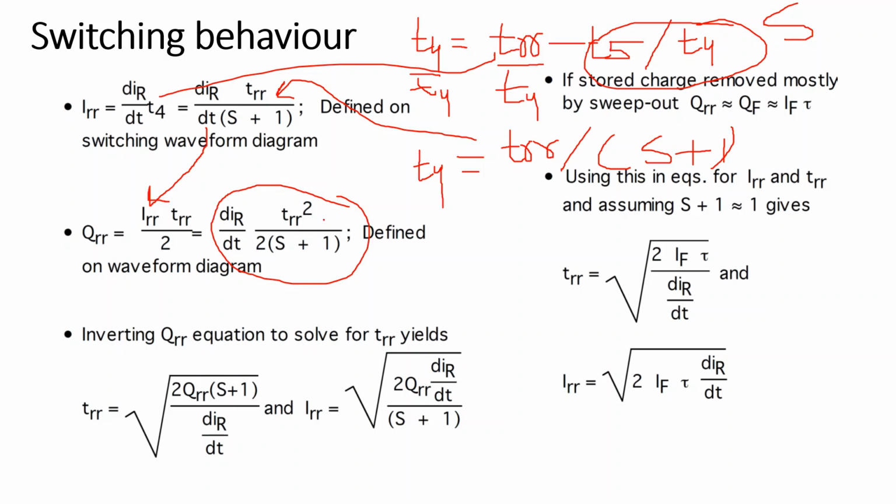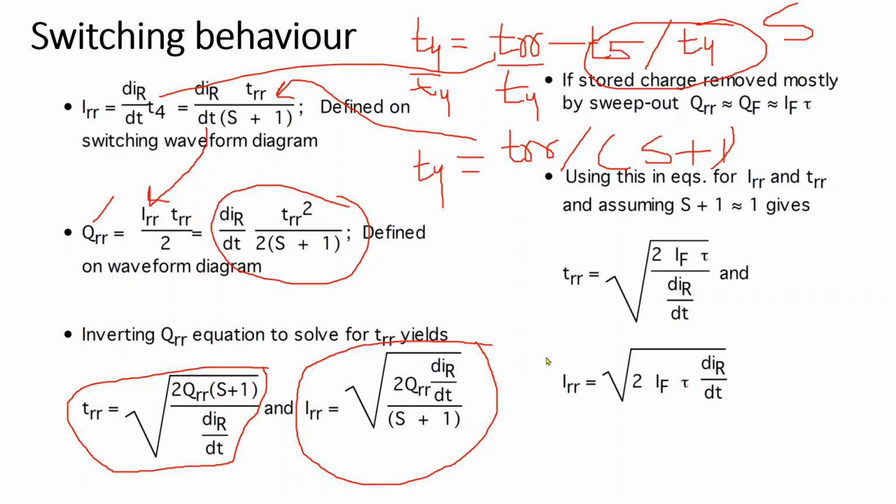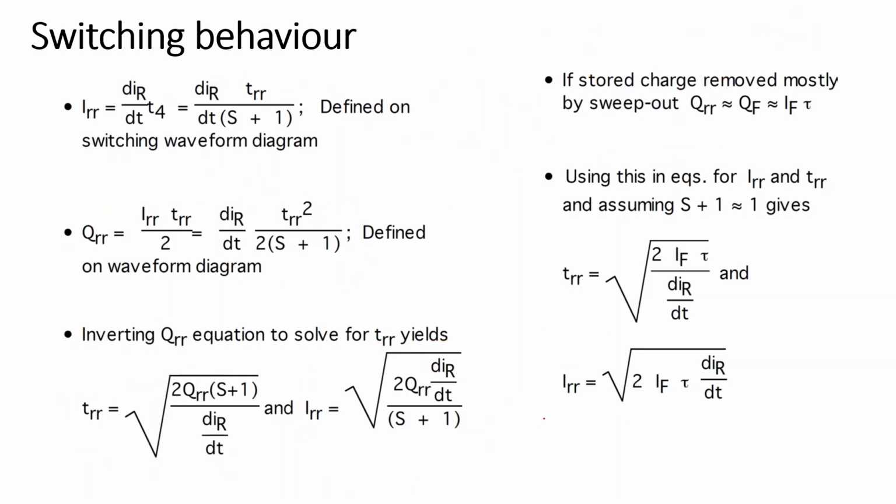From here we can find TRR in terms of QRR, and similarly IRR, the reverse recovery current. We further assume QRR is almost equal to QF.